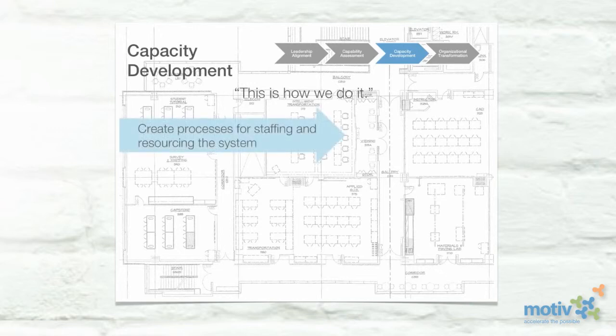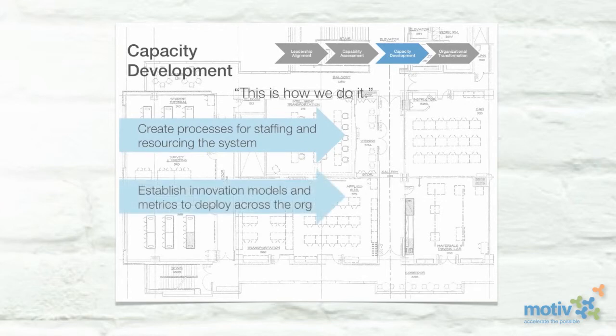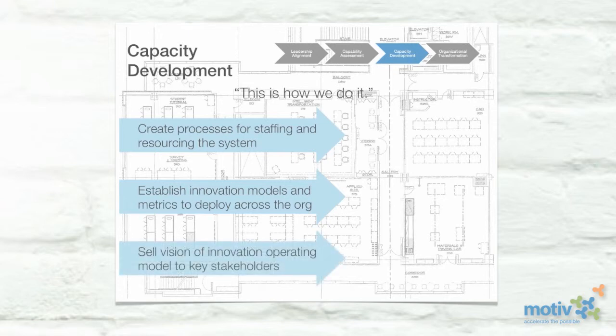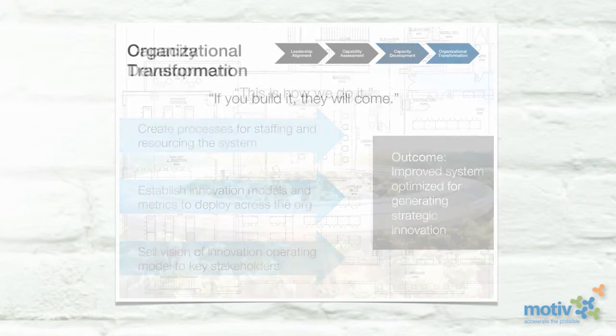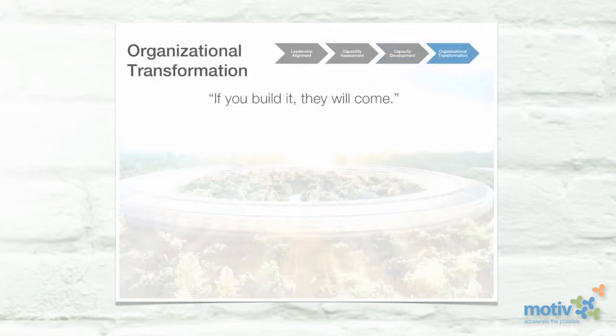So here you want to be creating processes for staffing and resourcing the system that you created, and establishing what the innovation models are and what metrics are to be deployed across the organization, and to sell a vision for how the operating model for innovation is going to work, because of course that's the main question: how's this going to work in our organization? The outcome is an improved system for optimizing and generating strategic levels of innovation in the organization, not random stuff.